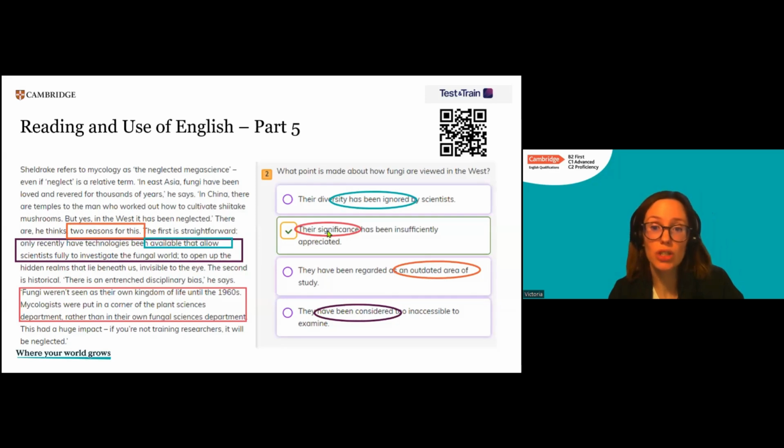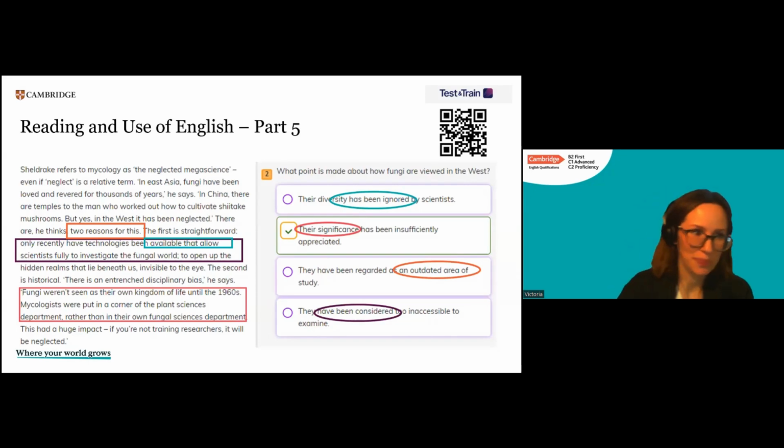So the correct option is B, their significance has been insufficiently appreciated, because as you can see, it wasn't seen as their own kingdom of life until the 60s, and they were put in a corner of the plant science department. This is giving us the idea that their significance, their importance wasn't appreciated.